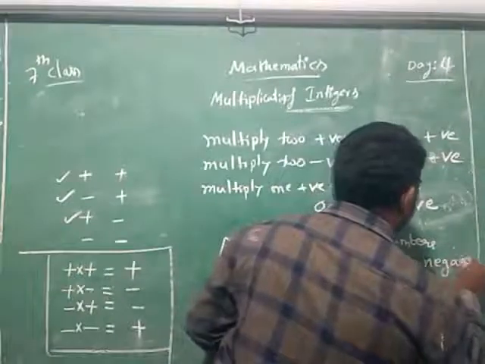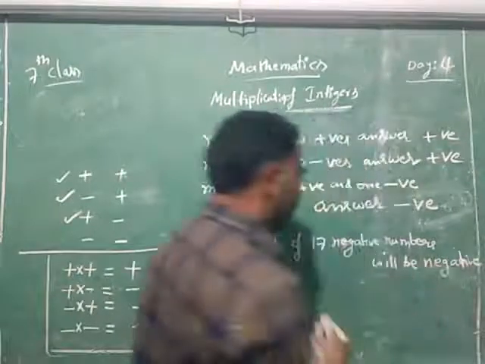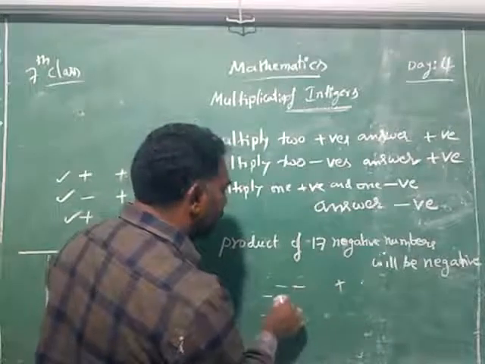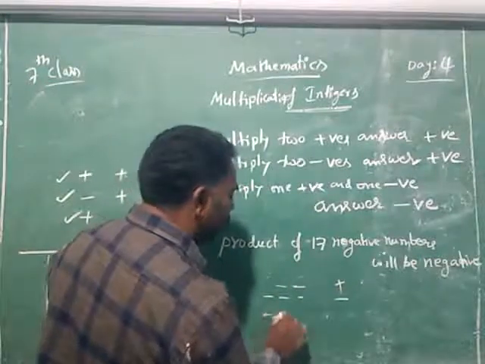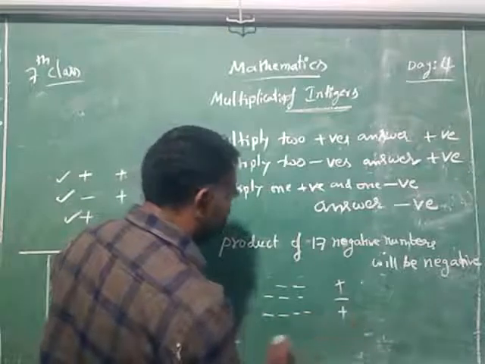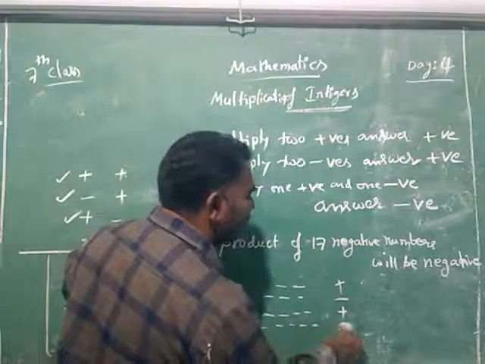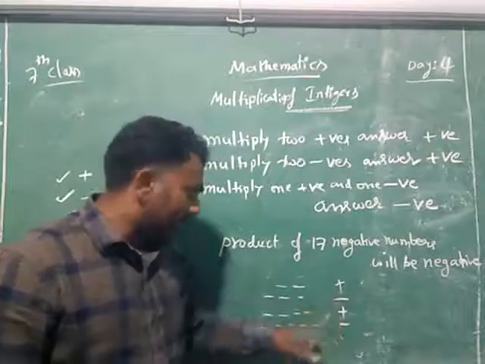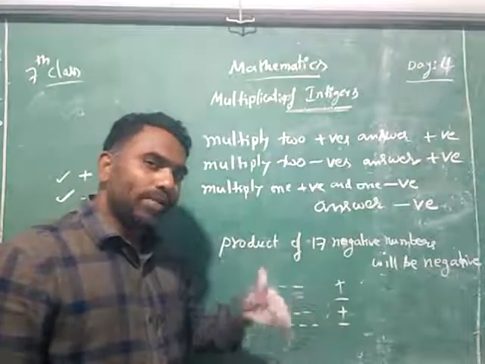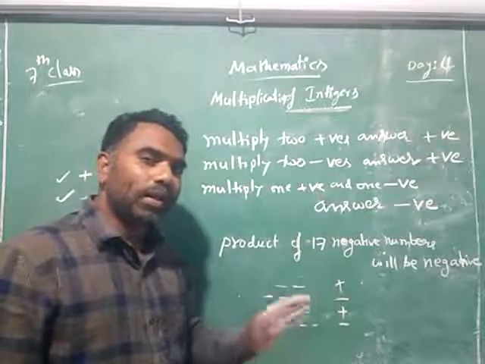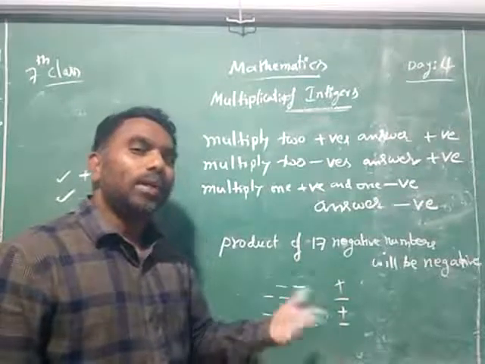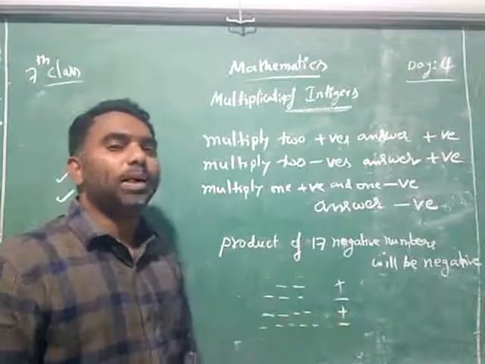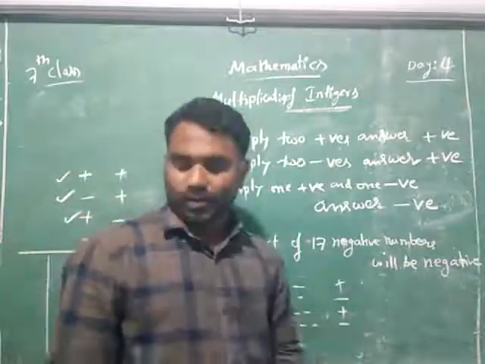Why is it negative? You have discussed that just now. Two negatives give positive. Three negatives, negative. Four negatives, positive. Five negatives, negative. Seven negatives, negative. Nine negatives, negative. 11 negatives, negative.